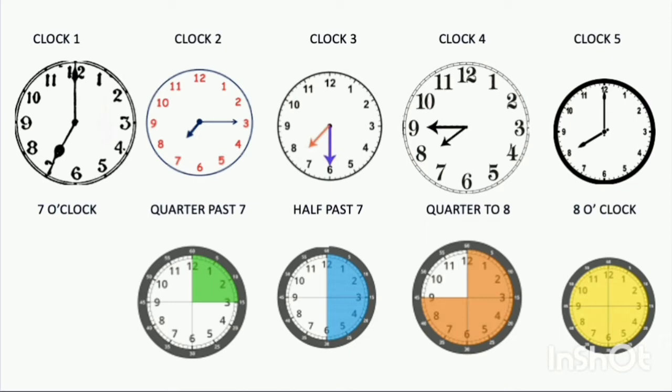When the minute hand is at 3, the time is a quarter past the hour. When the minute hand is at 6, the time is half past the hour. And when the minute hand is at 9, the time is quarter to the next hour.